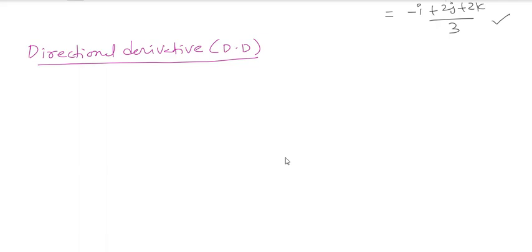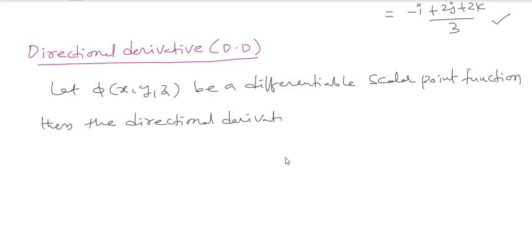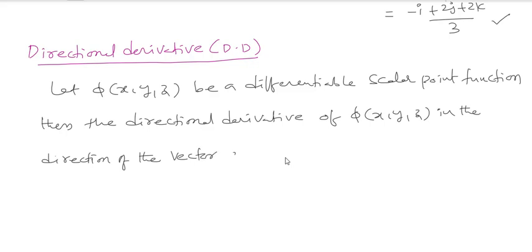Let φ(x, y, z) be a differentiable scalar point function, then the directional derivative of φ(x, y, z) in the direction of the vector a bar is defined as that directional derivative dd, which is equivalent to what?